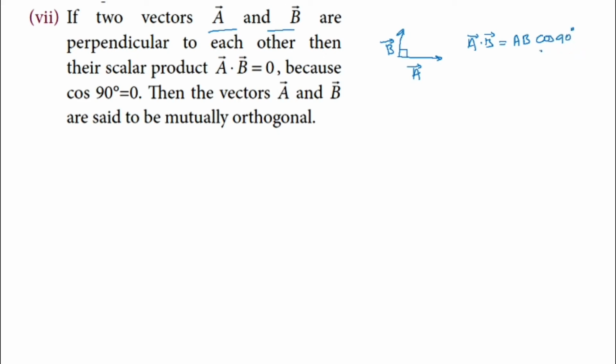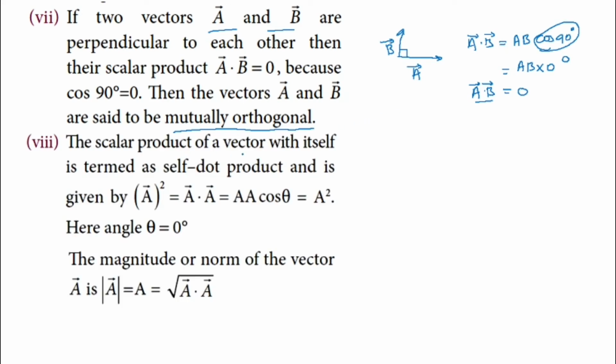The cos 90 value is 0. So the magnitude of A and B into 0 gives 0. When the angle between A and B is 90 degree, the product gives the 0 value. These kinds of vectors are called mutually orthogonal vectors. Orthogonal means 90 degree between any two vectors.